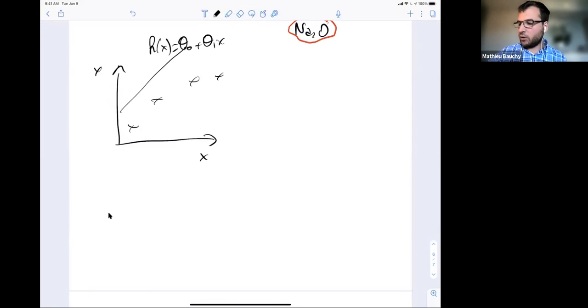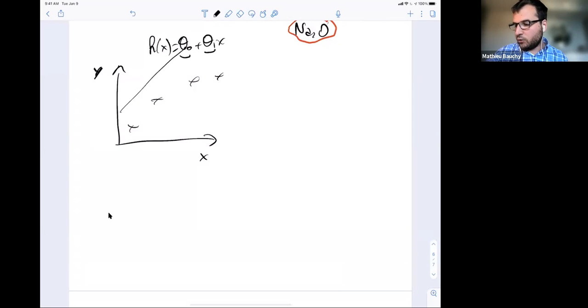And your goal is to find what is the optimal value of those parameters, right? So again, that's a simple example for linear regression, but most machine learning algorithms for regression are based on the same idea, that you have some parameters and you need to optimize those parameters to find the best relationship between the input and the output.